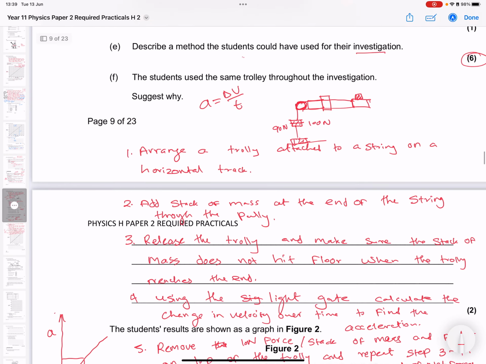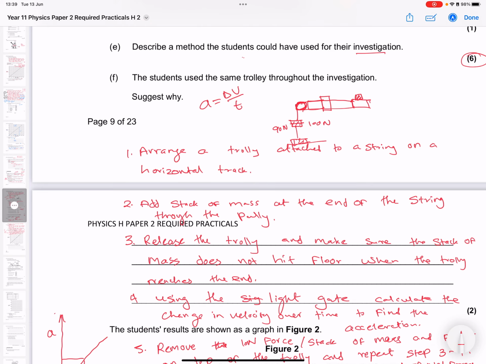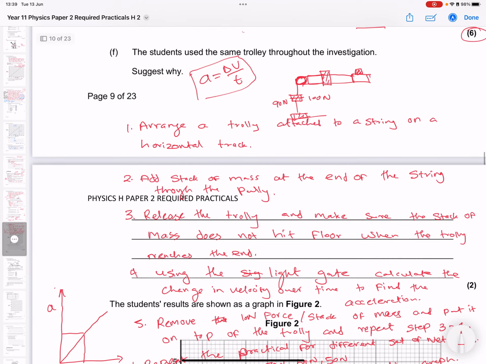Okay, so what they are doing, they are placing the trolley on a horizontal track and attaching a string through a pulley, and on the other end of the string they're going to add a stack of mass, maybe 100 Newton, and install a light gate in between, and then release the trolley and measure the acceleration, but you need to mention acceleration is change in velocity over time.